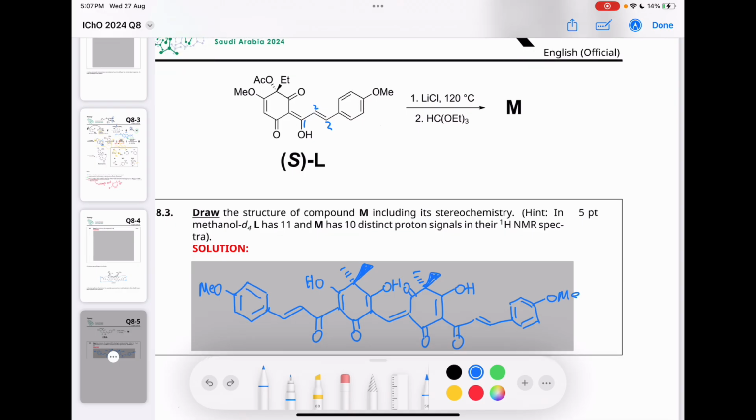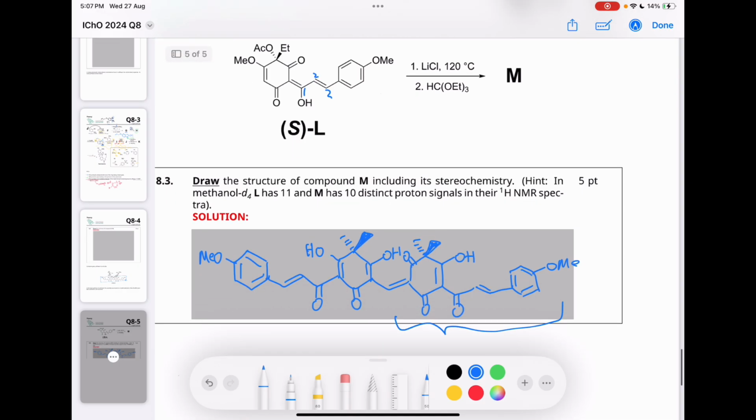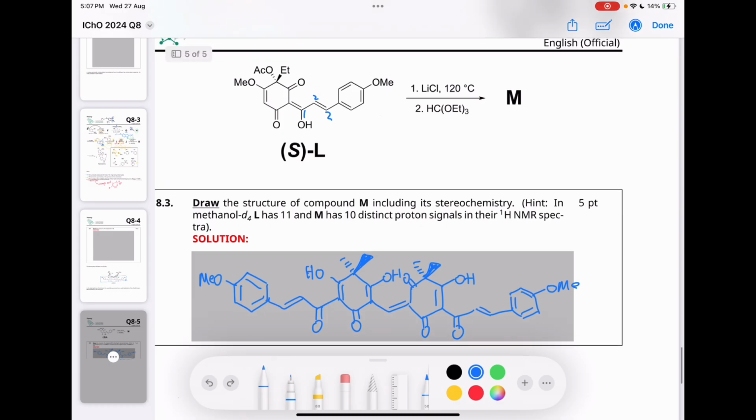Well, you can see that this right part actually resembles L, so you can just copy down the stereochemistry of L. However, forming this part requires us to turn this molecule around 180 degrees. Therefore, OAc will be here, while Et will be here. So that is probably our structure M.